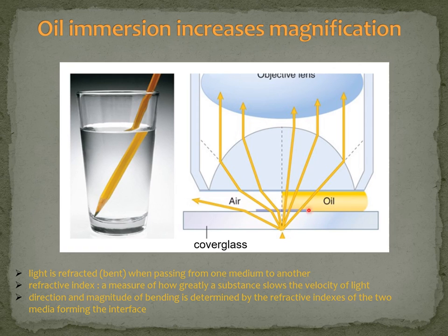So with the appropriate choice of an oil, because the refractive index of all these three layers is the same, the light will go through them without changing direction. And this would increase the quality of our image.